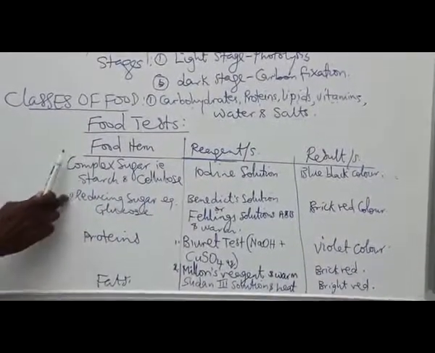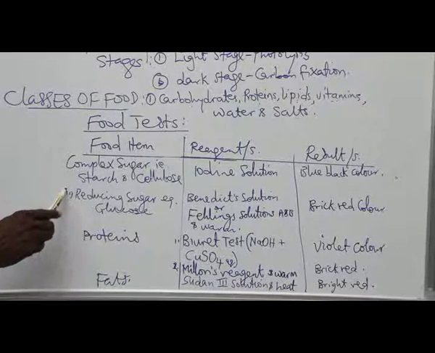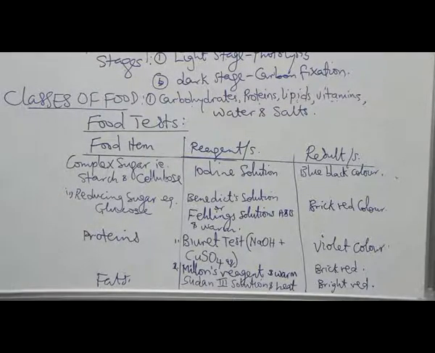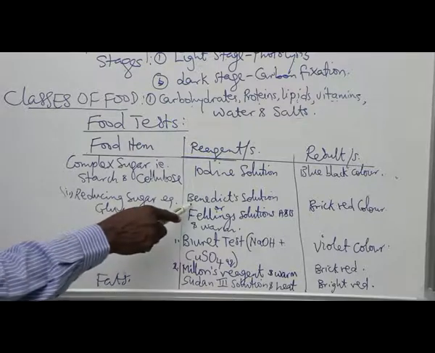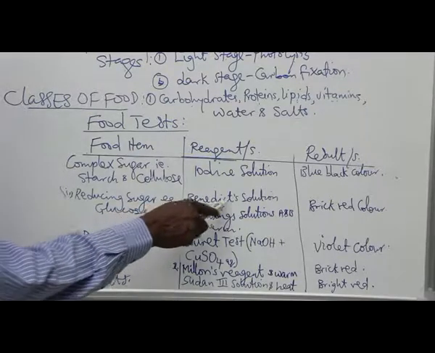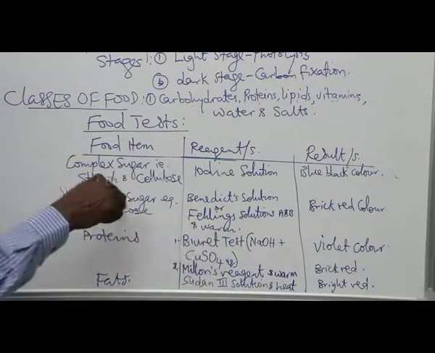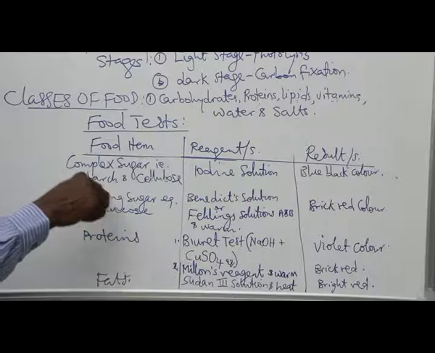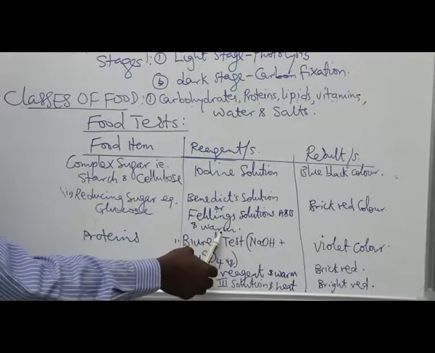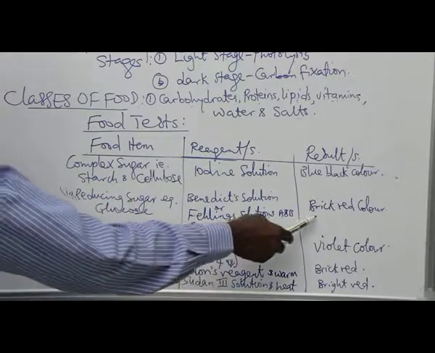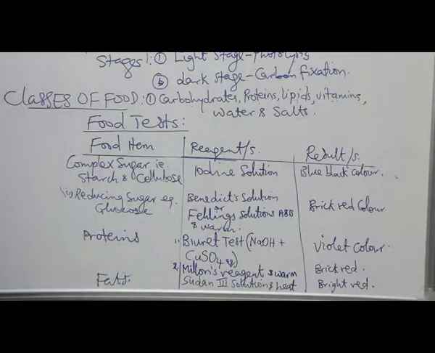Reducing sugars are monosaccharides like glucose or fructose. For this one we use reagents like Benedict's solution or Fehling's solution. When you add this solution to any substance that contains reducing sugar and you warm it, you have a brick red coloration.